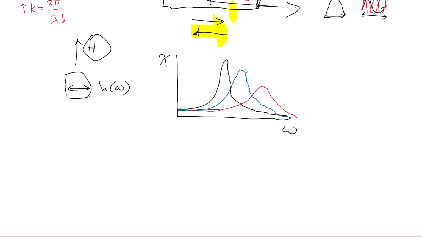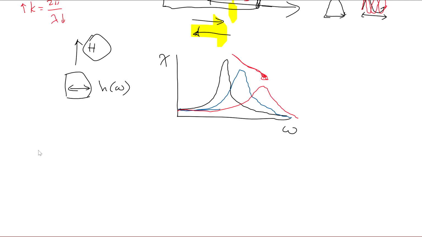Typically, when you go to higher fields, the magnetic field holds magnetic moments stronger, and the oscillation amplitude decreases. So in general, the amplitude decreases and the frequency shifts to higher frequencies.